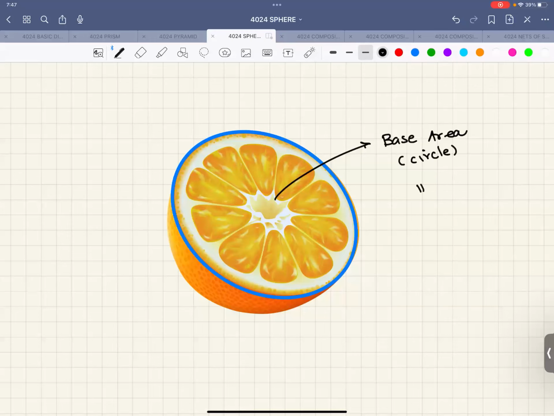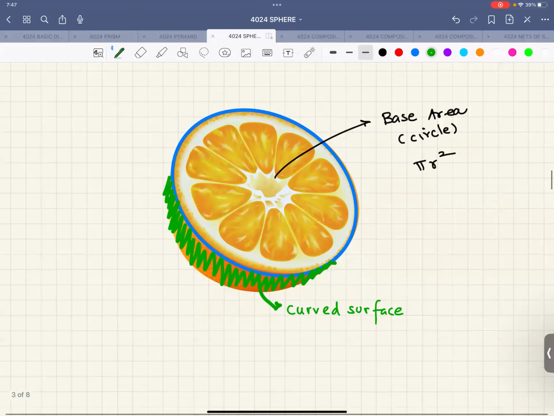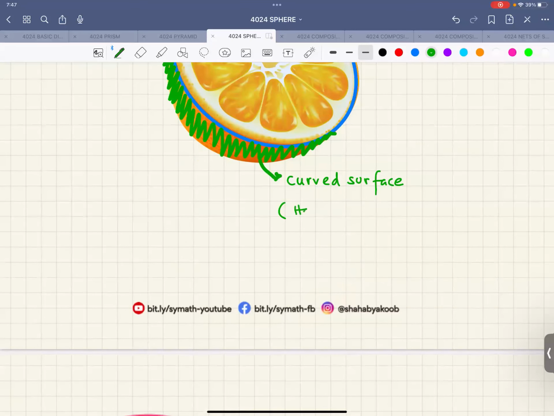Therefore, we see a pi r square. And this curved surface area over here, that is this thing. This curved surface area is exactly half the area of the sphere.